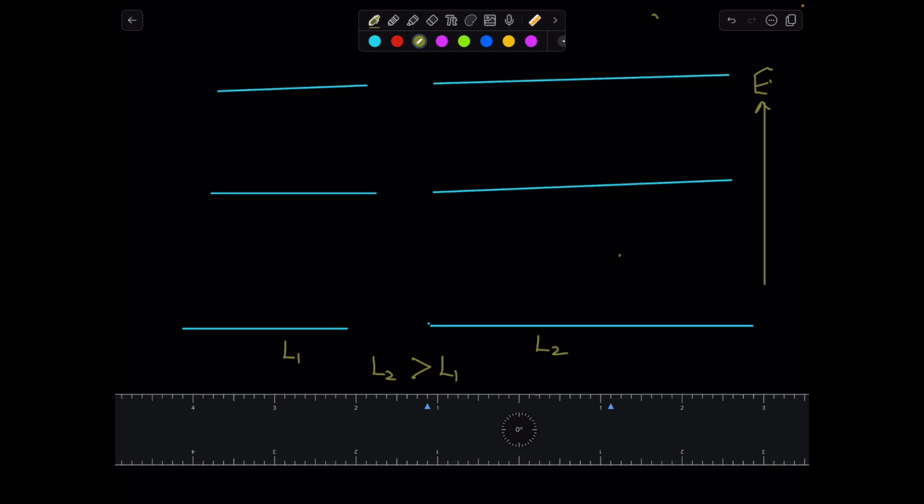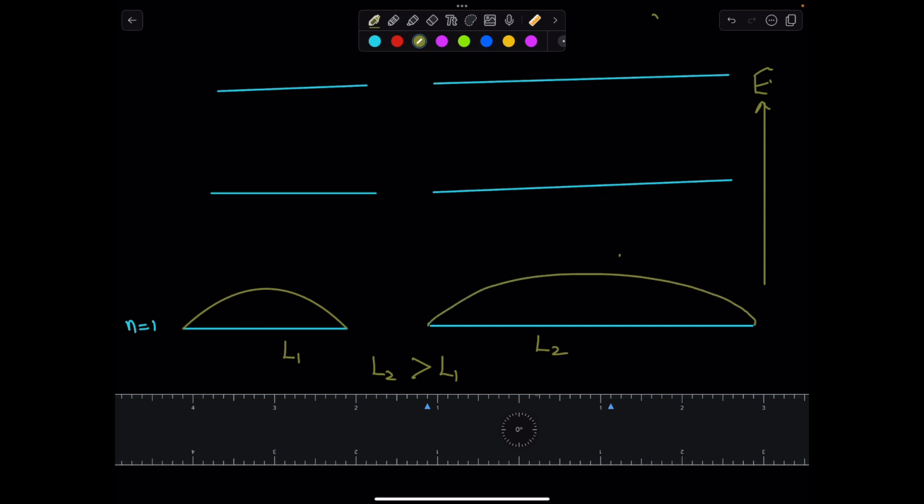Let's look at the waves in the energy levels. n equals 1 will have 0 nodes, because the number of nodes is the energy level minus 1. So n equals 1 will look like this for L1, and for L2 it will look like this.